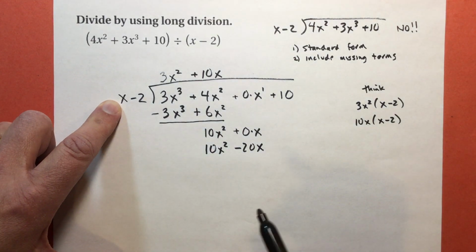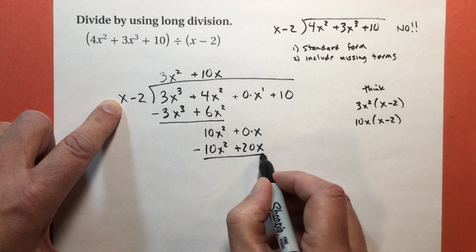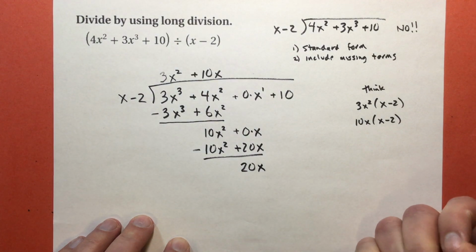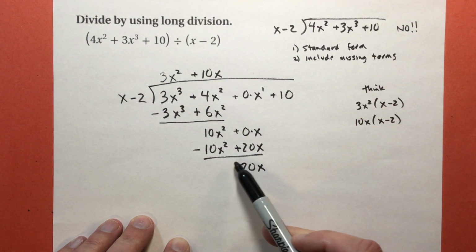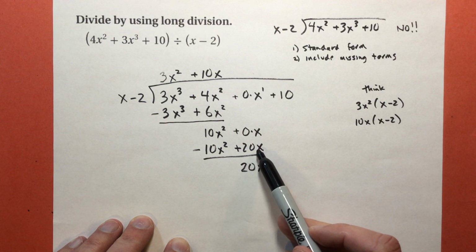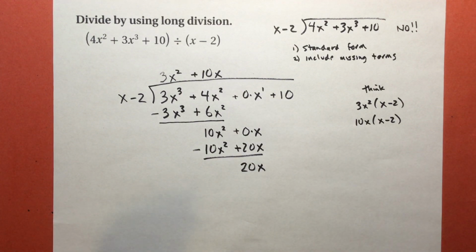Keep in mind that I have to subtract, so I'm going to change the sign and change the sign, and I'm going to get positive 20x. Now that's why I need to put that space in there, because if I end up subtracting negative 20x, I need to add that to something. That's why I have to have that in there. I need a place for everything.